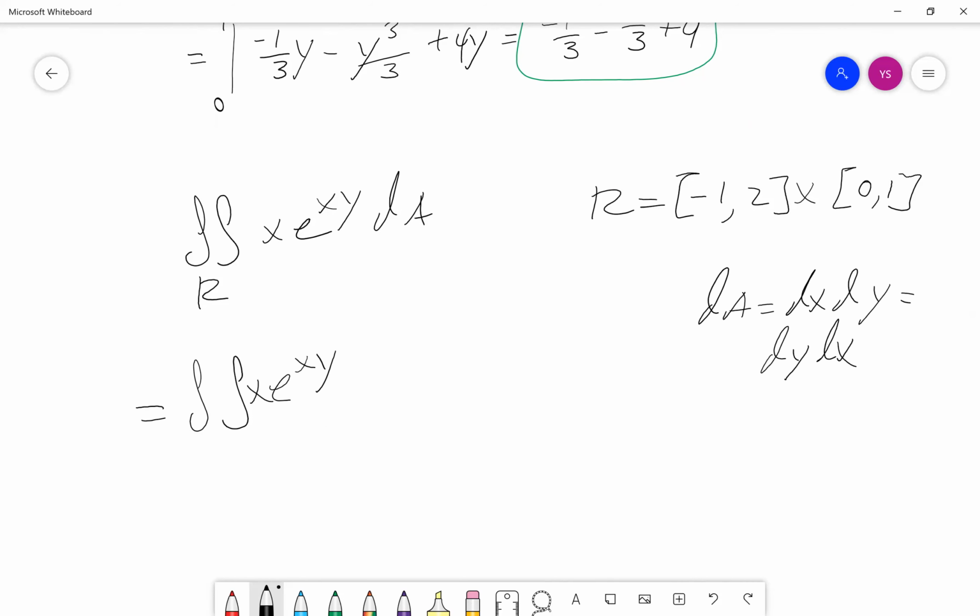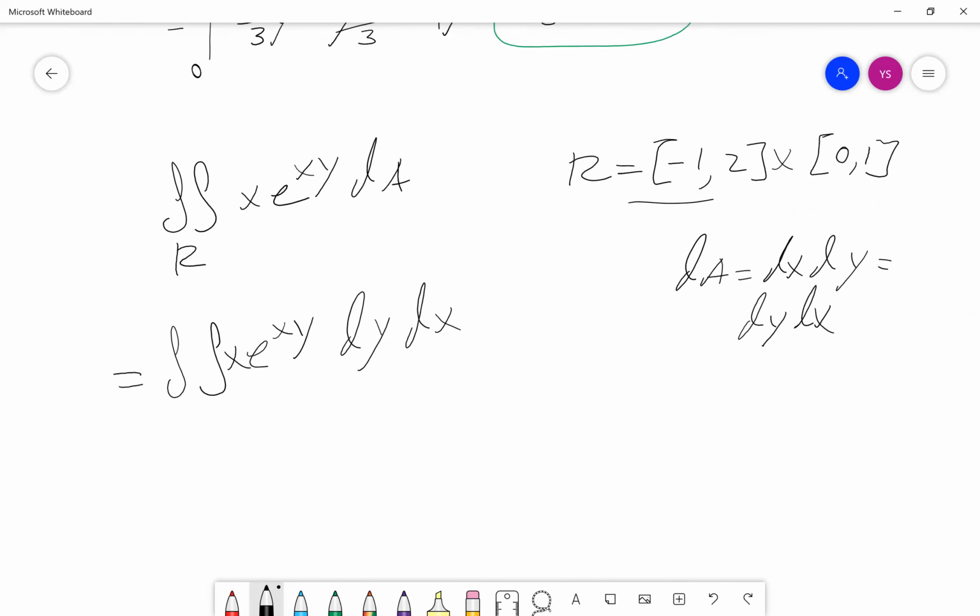It's probably easier to do this with respect to y first. So let's do dy, and I'm saying that because there's just one y here and these two x's. So it's just going to make it easier. So this is dy and then dx.